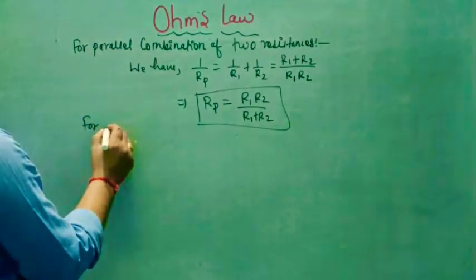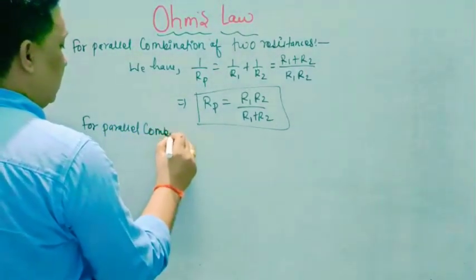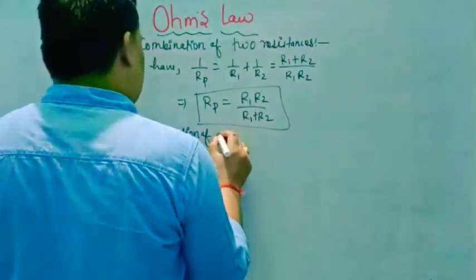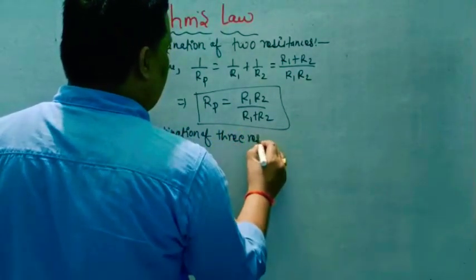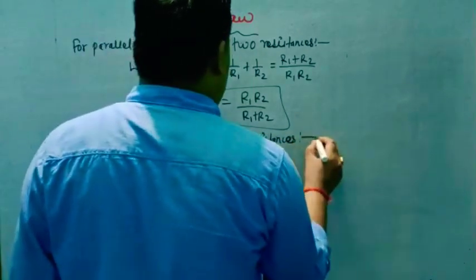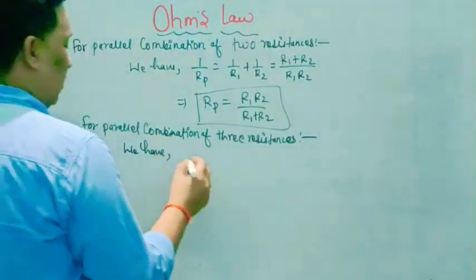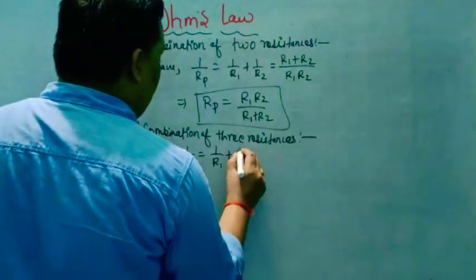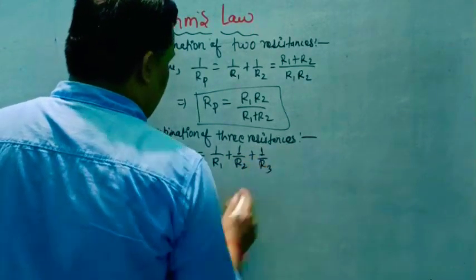For parallel combination of 3 resistances, one by Rp we have, in similar manner, 1 by Rp is equal to 1 by R1 plus 1 by R2 plus 1 by R3.